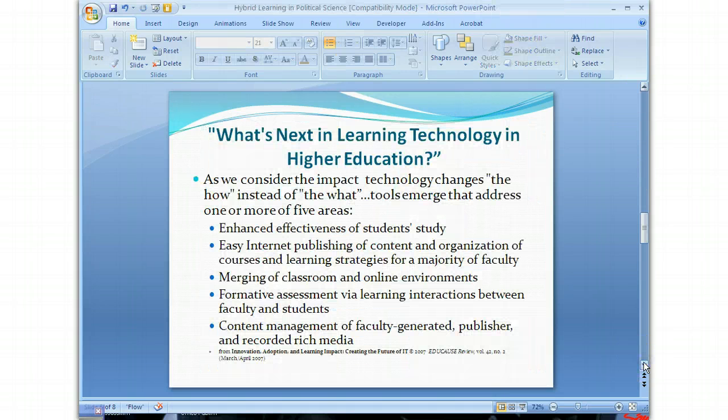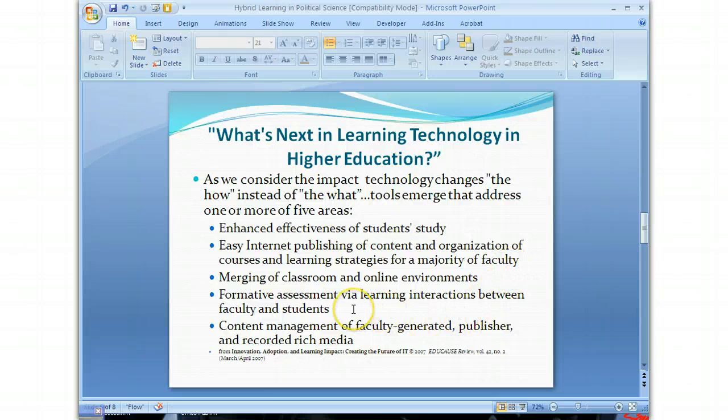So what's next in learning technology in higher education? As we consider the impact technology changes the how instead of the what, the tools that emerge address one or more of the 5 areas, including enhanced effectiveness of student studies, easy internet publishing of content like blogging, wikis, students' websites, and that merges the classroom and online environments.